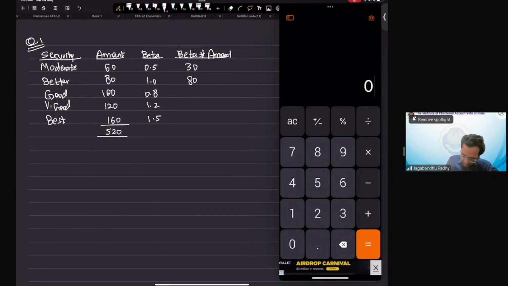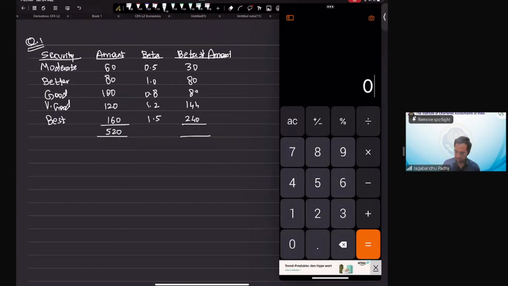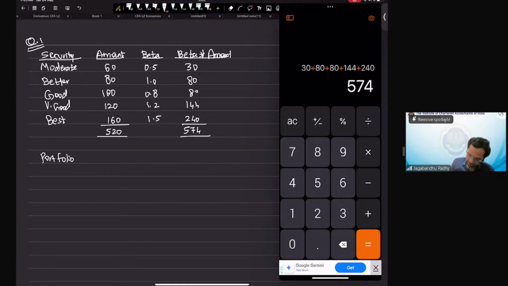Then you have this as 80. 100 into 0.8 is again 80. 120 into 1.2 is 144. 160 into 1.5 is 240. And we take a total. So this is 30 plus 80 plus 80 plus 144 plus 240. So this comes out to be 574. And then we talk of the portfolio beta.